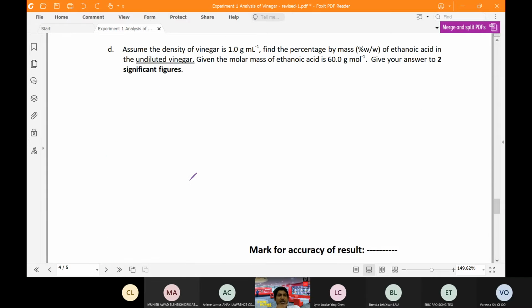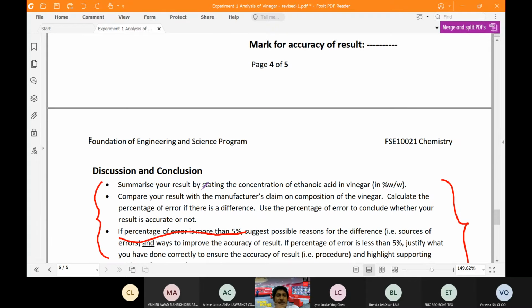Okay, this is just a general discussion, not exactly about experiment one. So how do you prepare, or what should you expect from the lab session? This is what I'm going to talk about. For all the labs, this marking scheme will be attached to the lab manual.